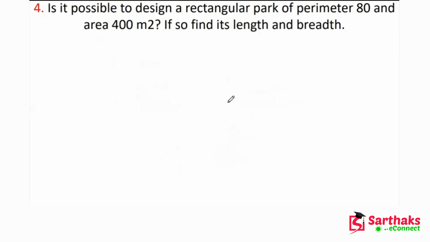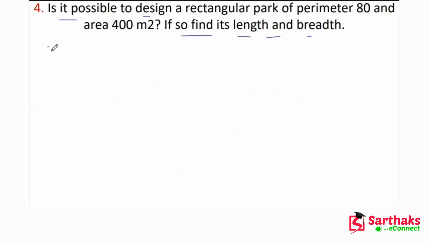Now the next question: is it possible to design a rectangular park of perimeter 80 and area 400 meters square? If so, find the length and breadth. Let's do that.